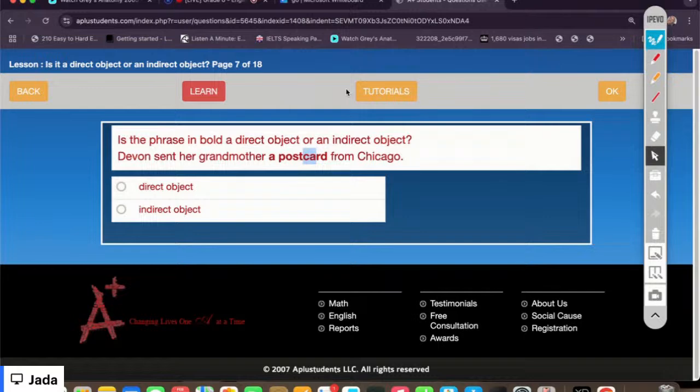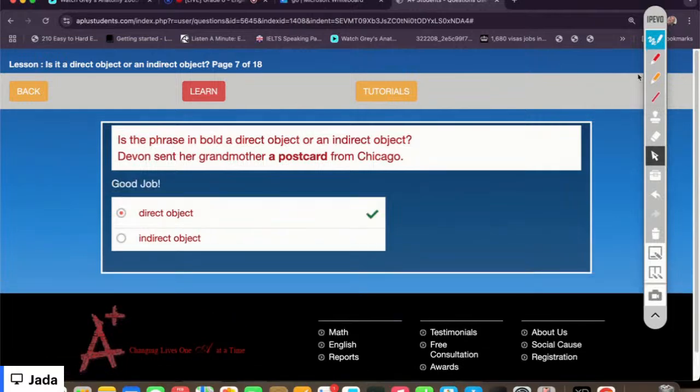What do you think here? Okay, so the direct object.